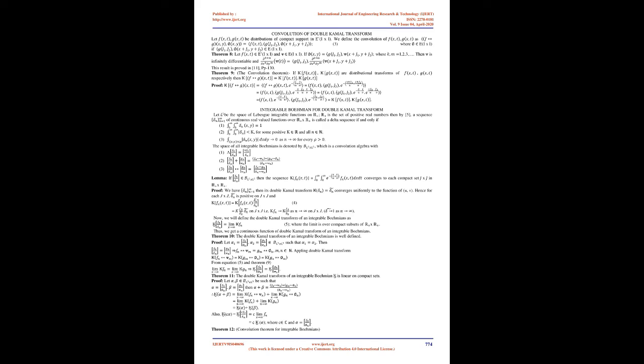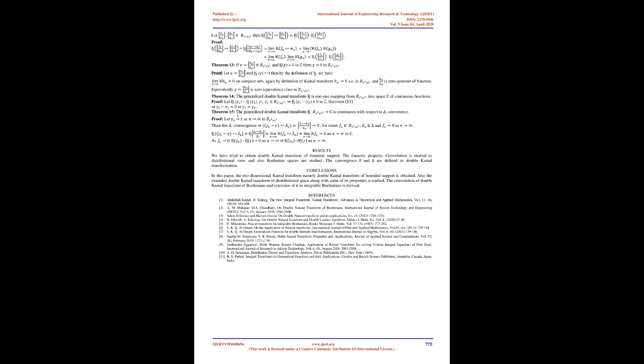Theorem 10, the double Kamal transform of an integrable Boehmian is well defined. Proof: let such that then applying double Kamal transform equals, from equation 5 and theorem 9. Theorem 11, the double Kamal transform of an integrable Boehmian is linear on compact sets.